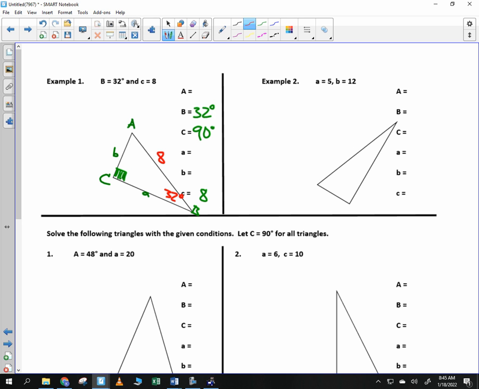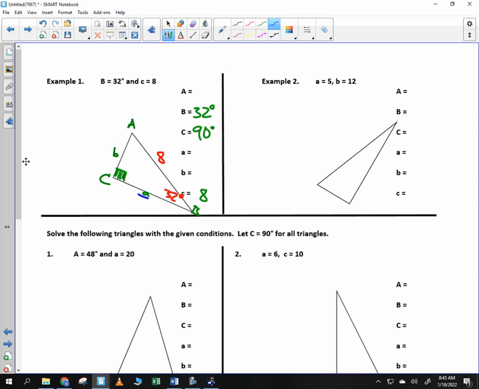Caitlin, you get to choose, and it doesn't matter which one you choose. Would you like to find side A, or would you like to find side B? She wants to find side A. Xavier could have said, I want to find side B. It doesn't matter. You make the choice. Everybody got it? All right. So she's going to find side A right here.